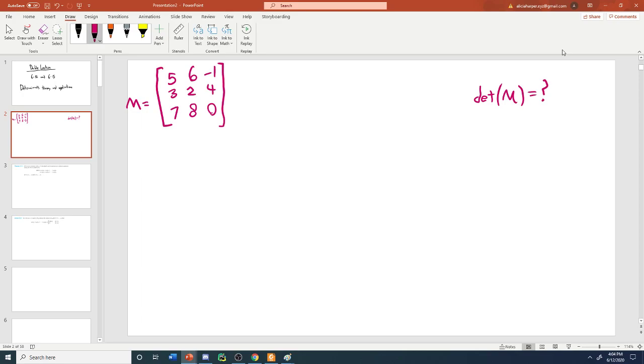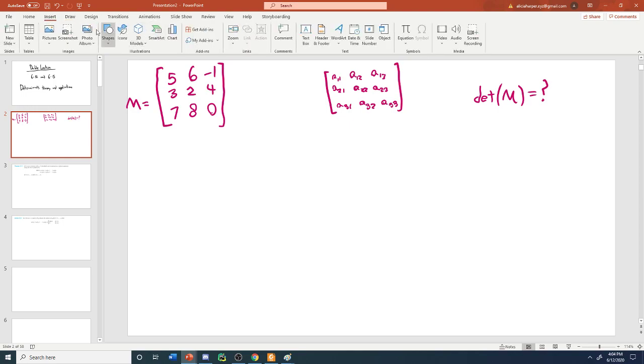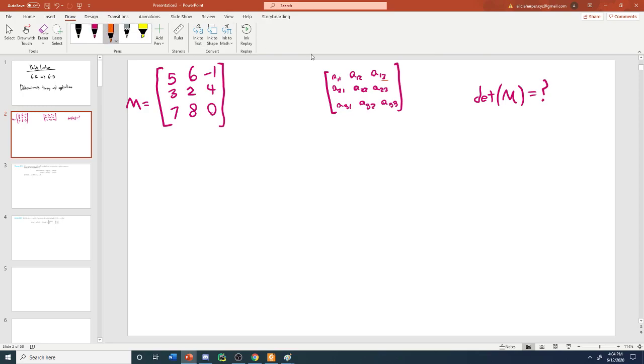So what you have to do is you use the following formula. If your matrix is like A11, A12, A13, A21, A22, A23, and A31, A32, and A33, then the formula I talked about last time involves looking at the first row, and for each of the entries in the first row, you compute a corresponding cofactor.